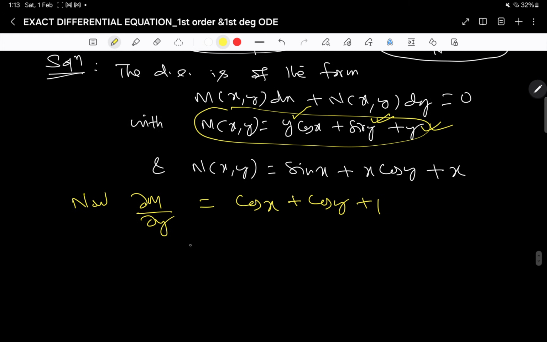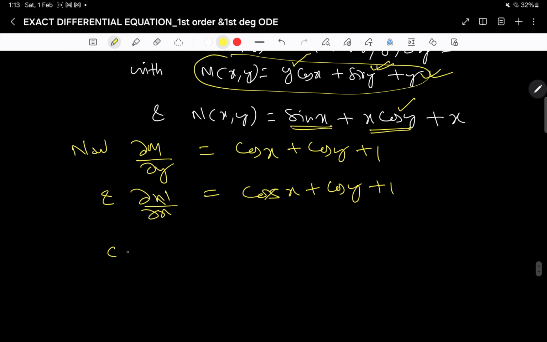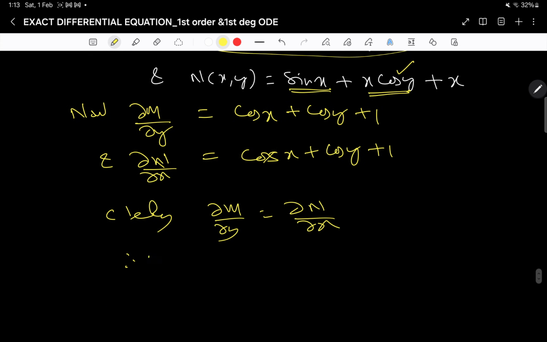And del N by del x: you differentiate it, it is cos x, and cos y is constant, it is cos y, and x is 1. Clearly del M by del y is equal to del N by del x. So let it be your given equation 1. Therefore equation 1 is exact.